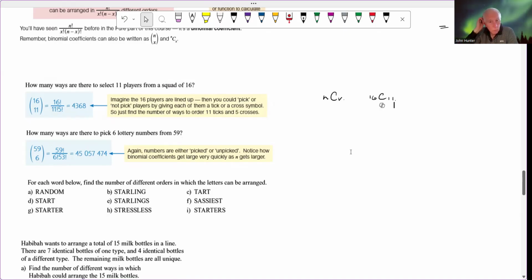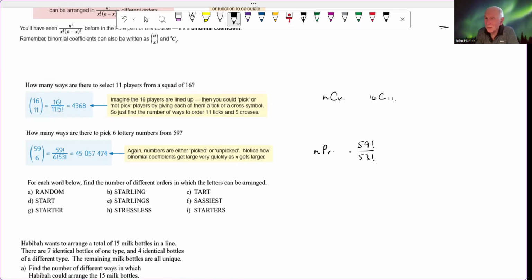Now, not for here, but there are situations where we might be bothered about the order of the lottery numbers, in which case what we're going to be looking for is nPr, and this is actually going to be something like 59 factorial divided by 53 factorial.